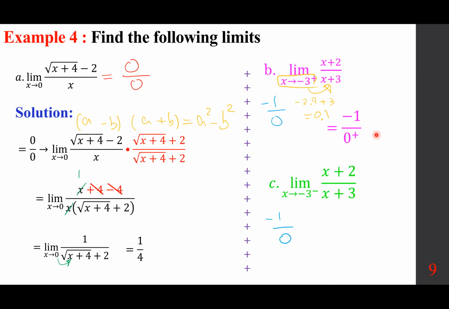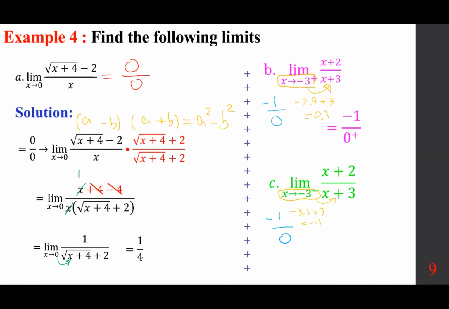So, but before we do that, I want to make sure we understand what happens here. And over here, -3 from the left. Again, for the top makes no difference. For the bottom, example of that would be -3.1 plus 3, which makes it -0.1.